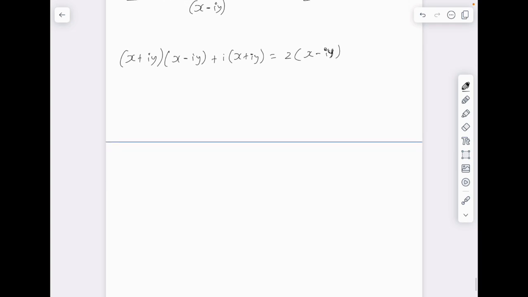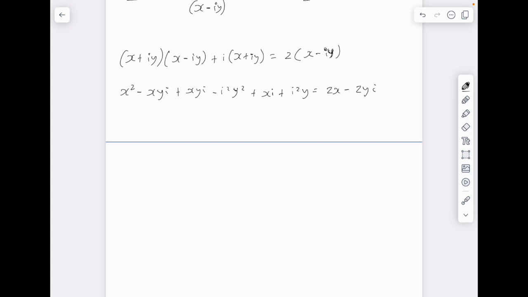So we multiply this out now, we get x squared minus xyi minus i squared y squared plus xi plus i squared y. Okay, it's going to equal 2x minus 2yi. Perfect.